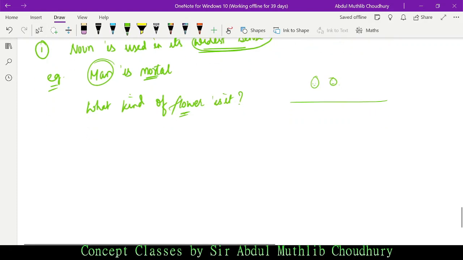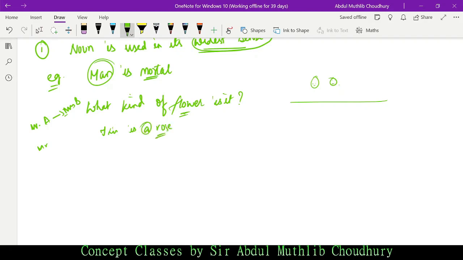Now when your friend replies, he might say this is the rose. Say Mr. A is asking Mr. B, what kind of flower is it? Then Mr. B replies, this is a rose.